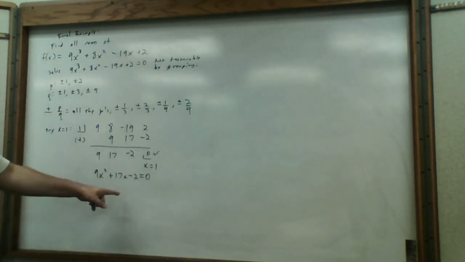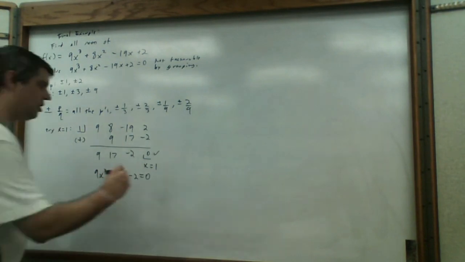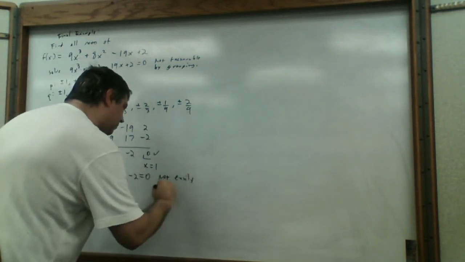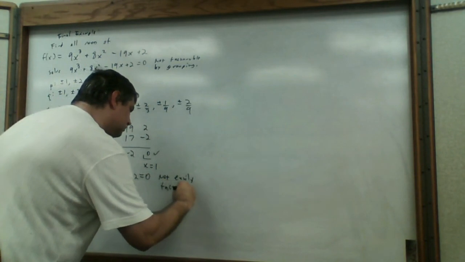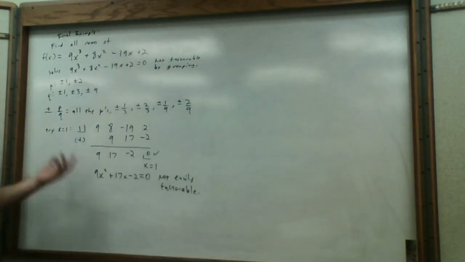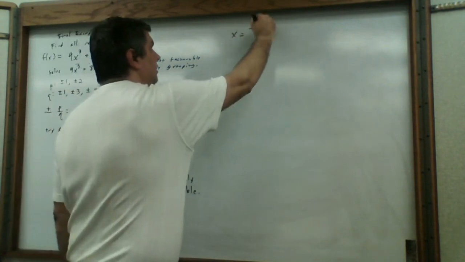The leading coefficient is 9, and it can't be factored out of all three terms. So this is not easily factorable. Now maybe it is factorable, it's just not easily factorable. So we'll use the quadratic formula.